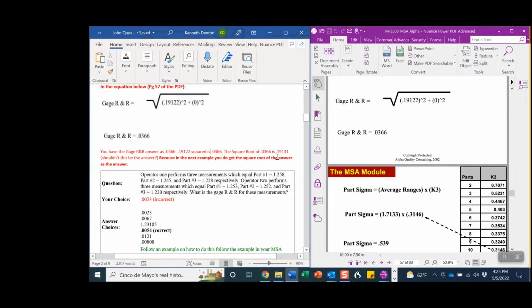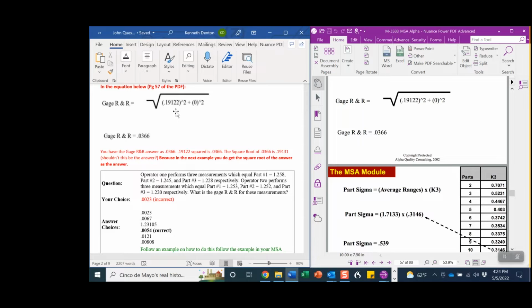See, I had it as 0.19131. What I did is I just took 0.19122 and squared it and gave that as the answer, and I didn't take the square root.